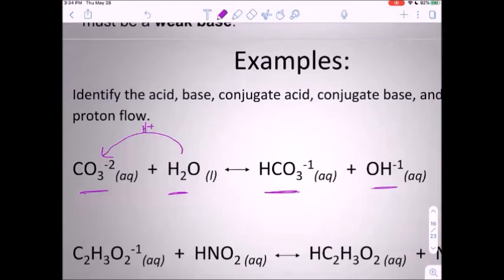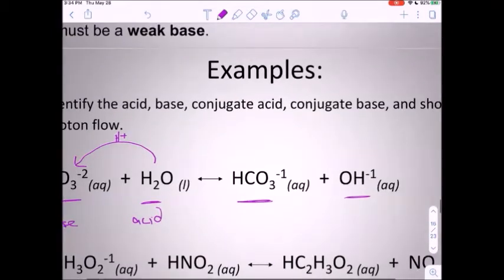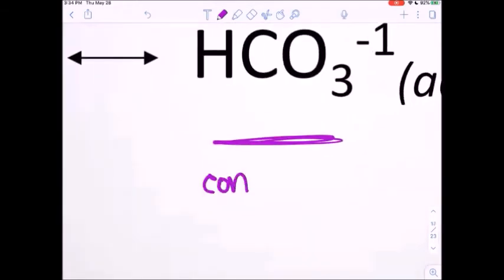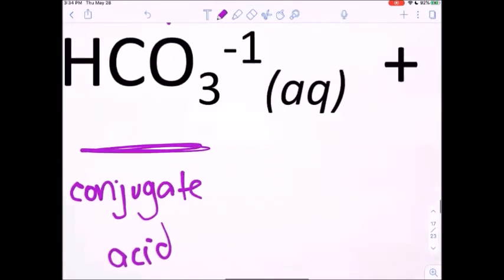And then the donor is going to be the acid, whereas the acceptor is the base. Then on the right-hand side, if we were doing this reaction in reverse, my HCO3 would have to donate that hydrogen, that proton, to the OH minus to reform that water. Since that's the donor, this is going to be the conjugate acid, which makes the other one the conjugate base.